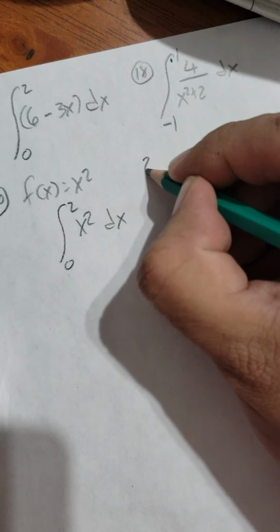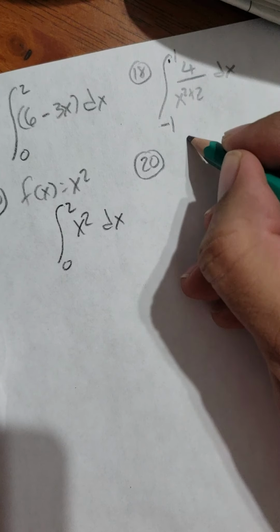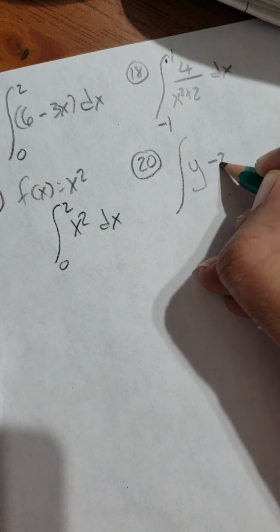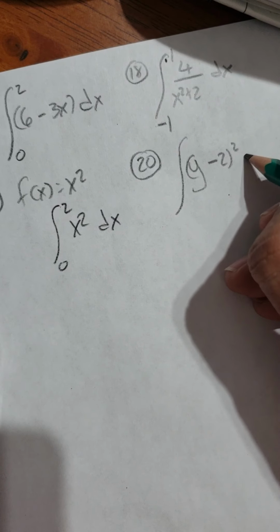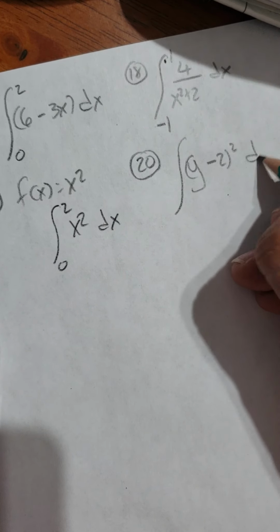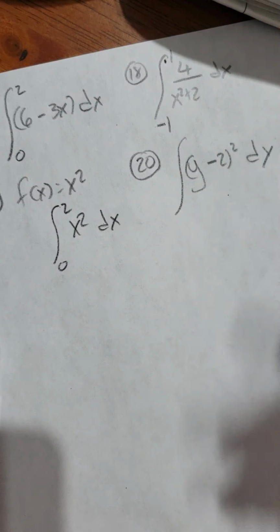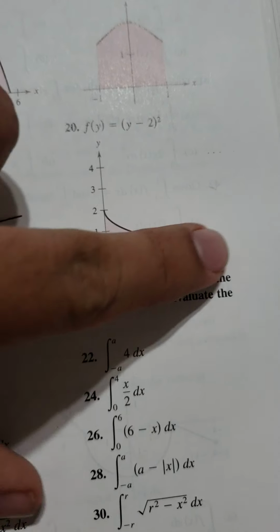And the last one in this section is 20, which is kind of different because here we have a function that is not in terms of x, it's in terms of y. Now, our function will be of y here. What will be the interval? I want to be clear here, because we are making the integral in terms of y, we won't use 0 to 4.